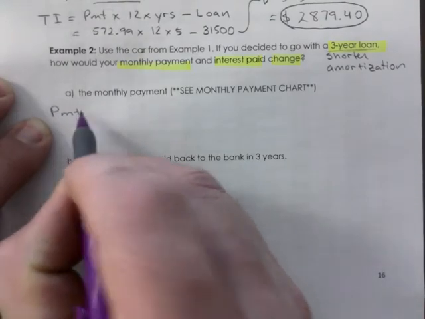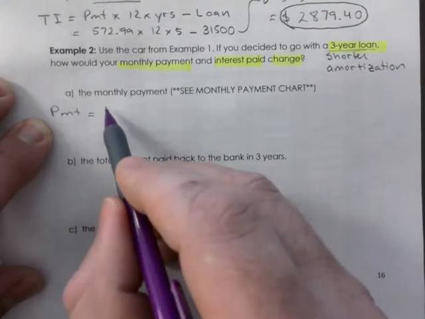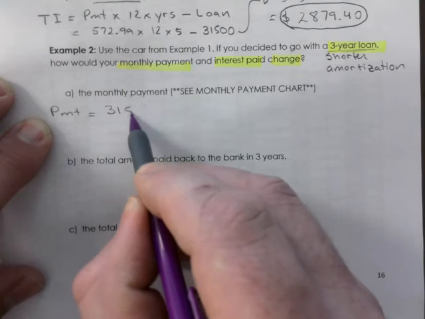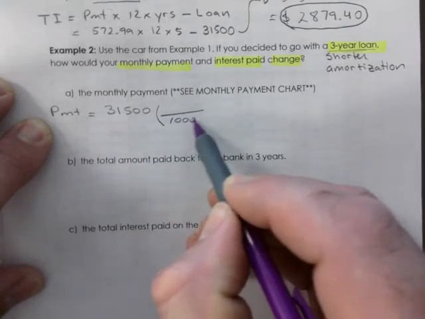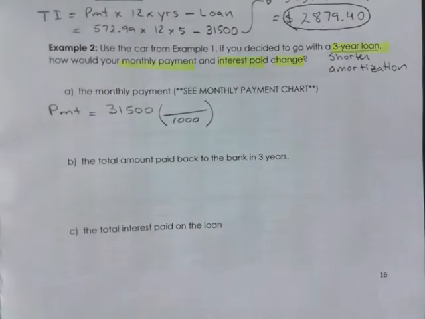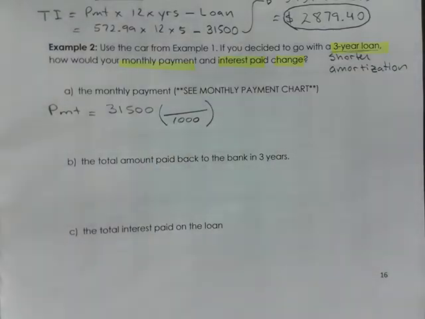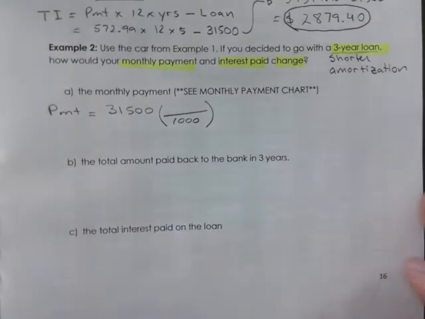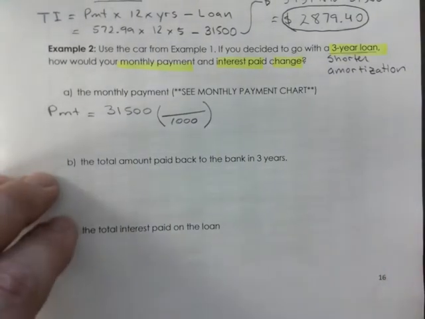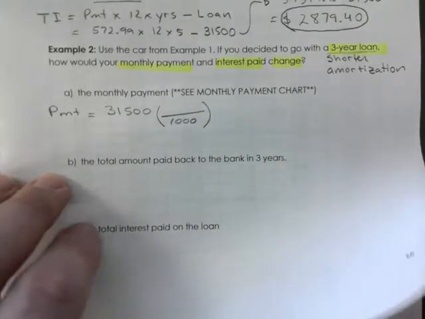So for the payment, we have the 31,500, and this is going to change. I'm going to use my red pen here. Earlier we had 18.19. So let's go to page 18 and just get our rate.